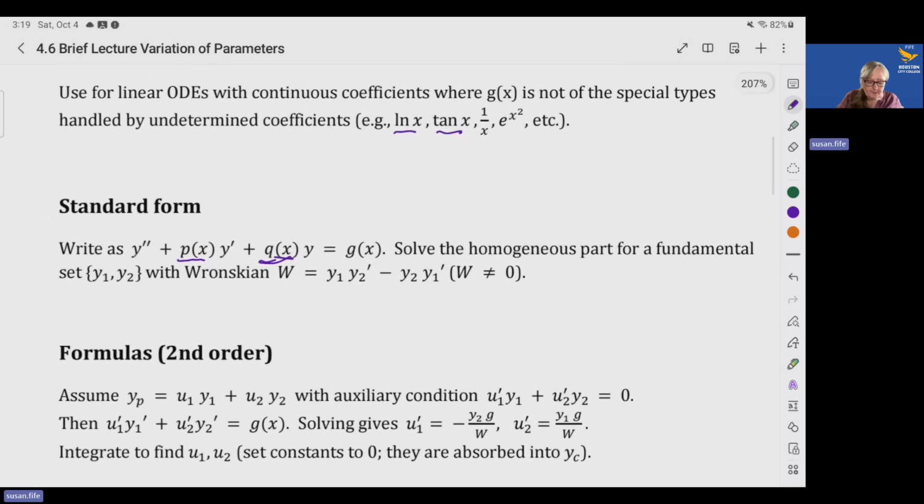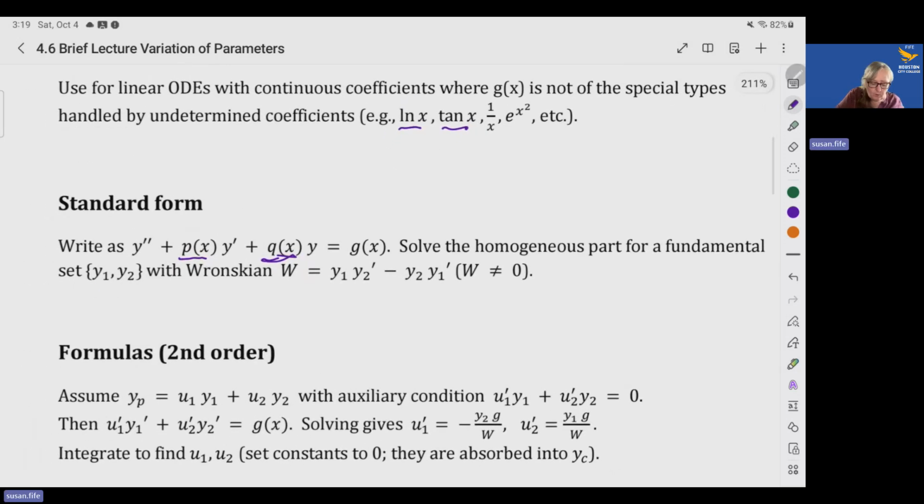So the fundamental set y1, y2 gives you the solutions to the complementary equation, or the solutions to the homogeneous equation. We're going to build the Wronskian: y1, y2, y1 prime, y2 prime.